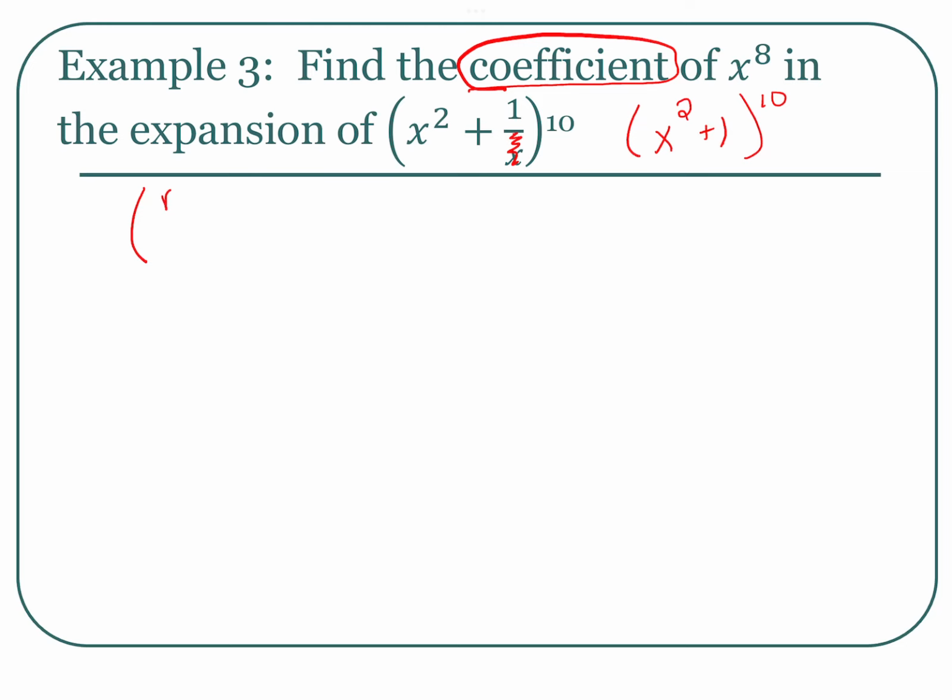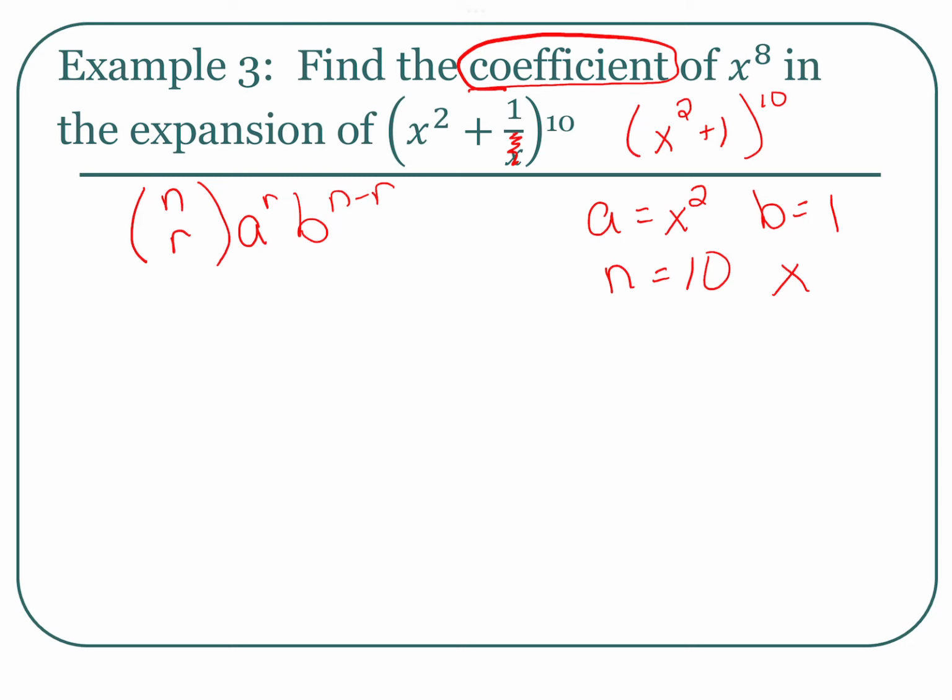So remember, it's n choose r, and then a to the r, b to the n minus r. So let's figure out what we have. Our a is x squared, our b is 1, our n is 10, and our r is 8.